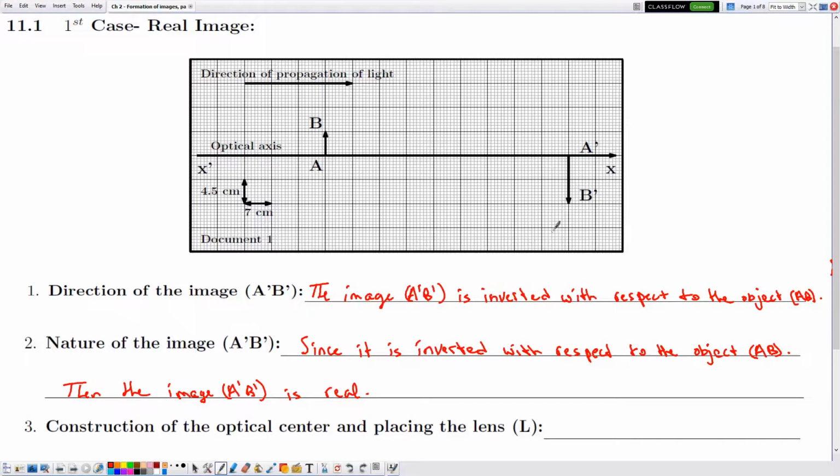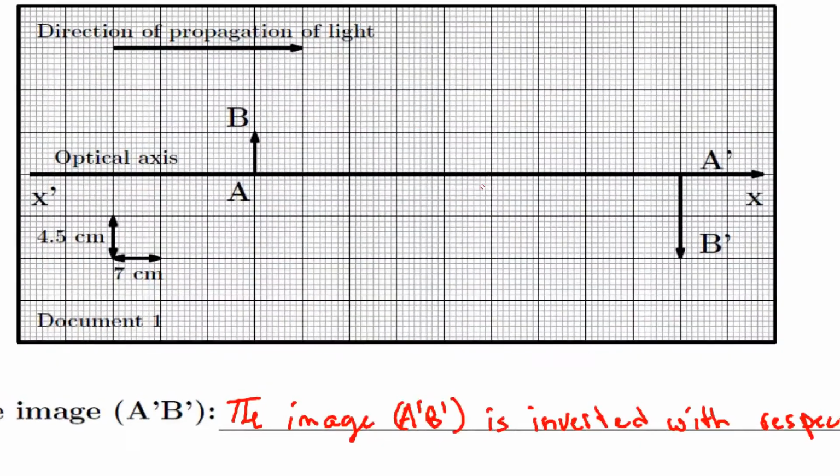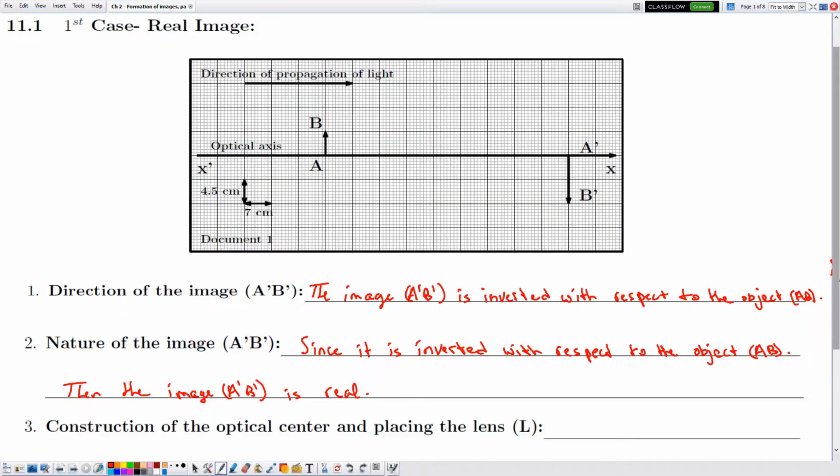However, in this case, we cannot say that the image is real because the object and the image are on opposite sides, because yet here we don't have the lens, okay?